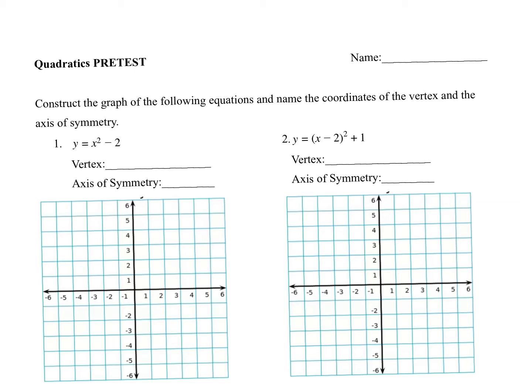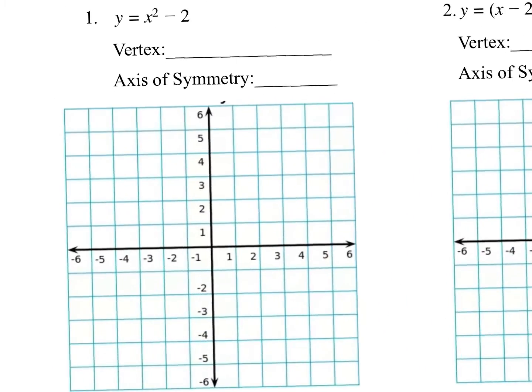Okay, first one, number 1: we are going to construct the graph using y, and then find the vertex and the axis of symmetry. Our first graph, y equals x squared minus 2.